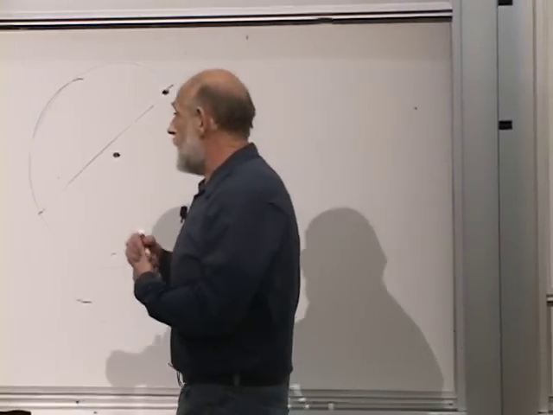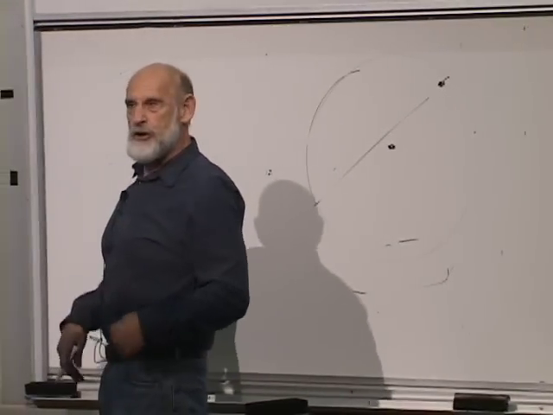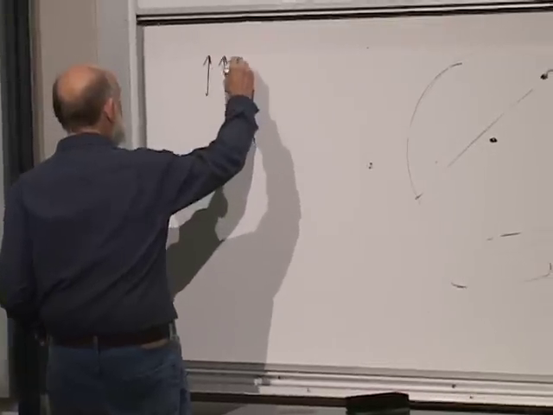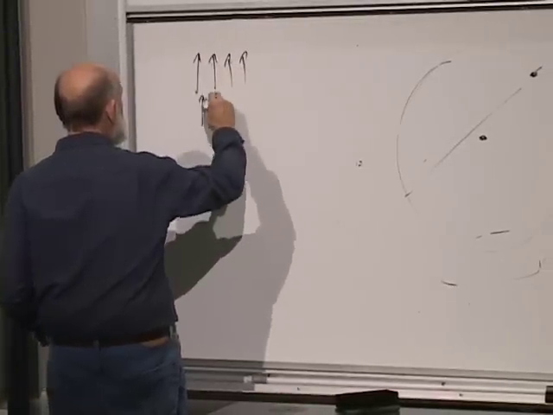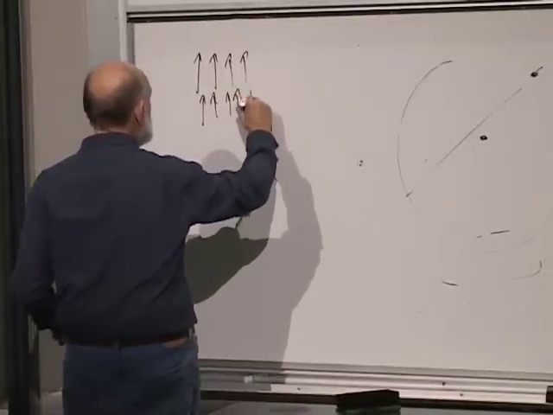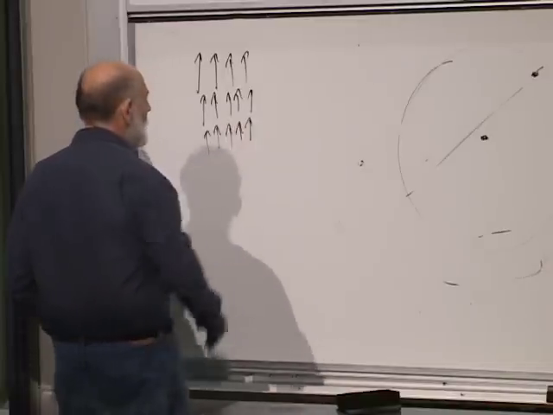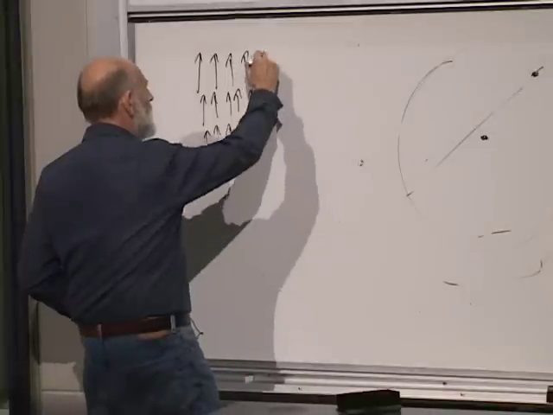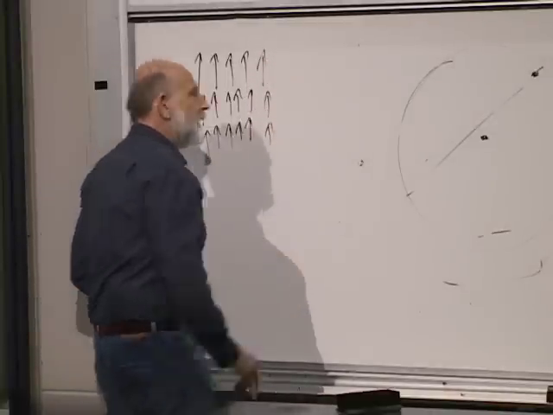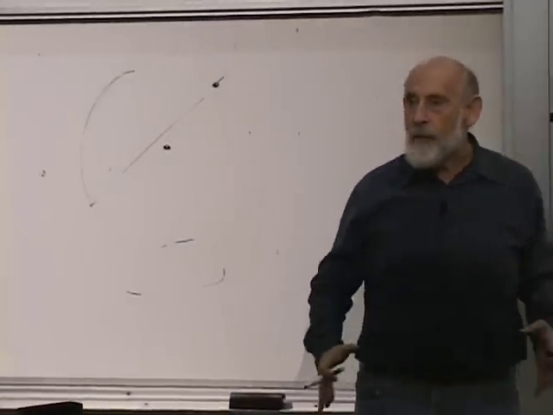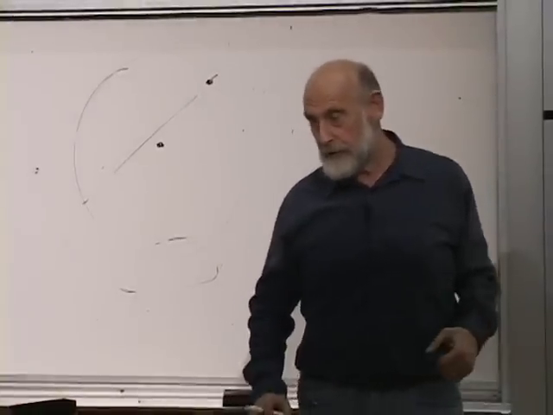For example, here is a universe. It's a universe made of arrows, and they're all pointing in the same direction. They densely fill space, let's say. That's very homogeneous. This goes on and on and on. It's homogeneous in that every place is the same, but it's not isotropic. It has a direction associated with it.